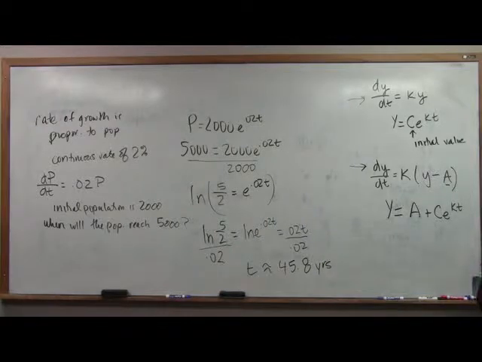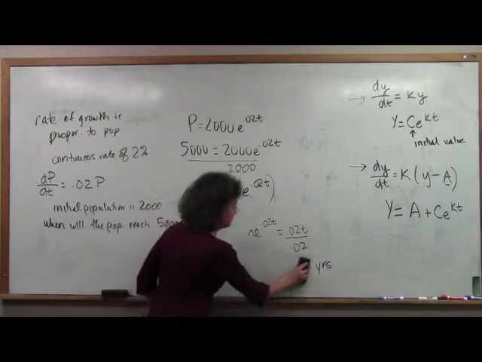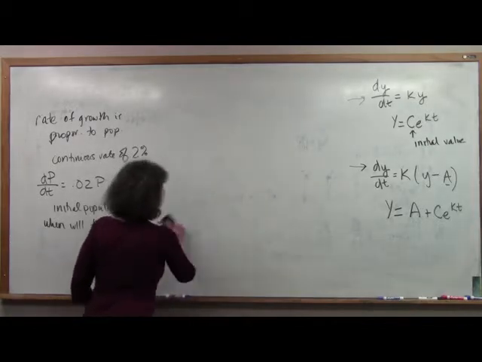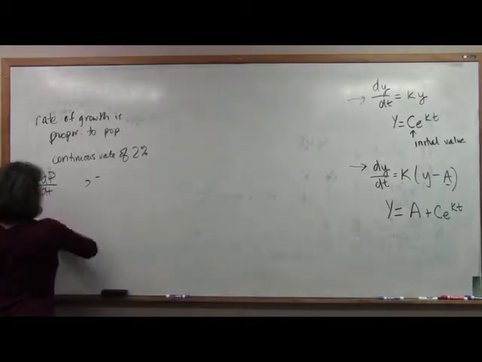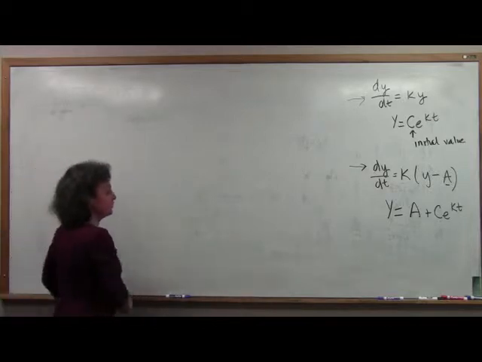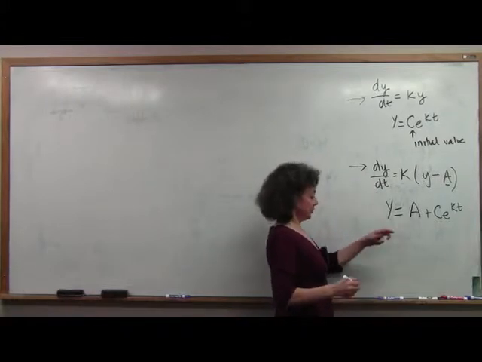Now, we can verify that this is a solution. Again, we can verify this in much the same way that we verified in our last video. So how would we verify this? Well, notice we would take the derivative of this.